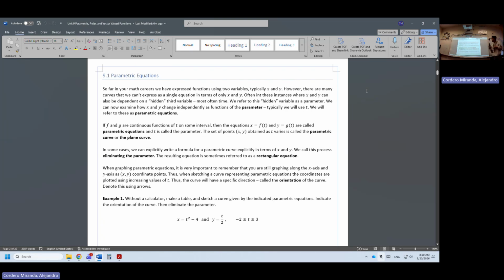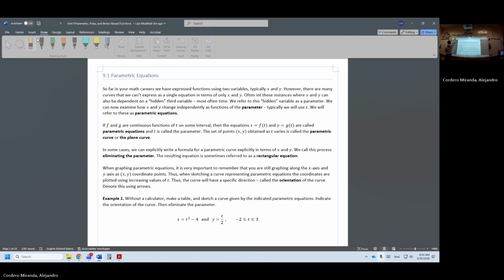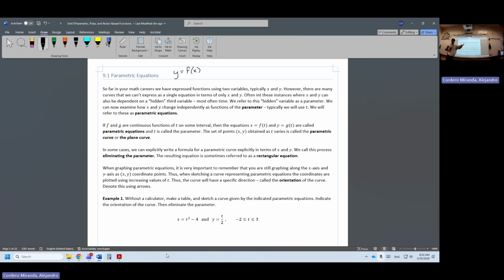So parametric equations, what this page says is that the functions you are used to graphing are like y equals a function of x, where the x is the independent variable and then the y depends on that x. Depending on what x you plug in, the y changes based on that.